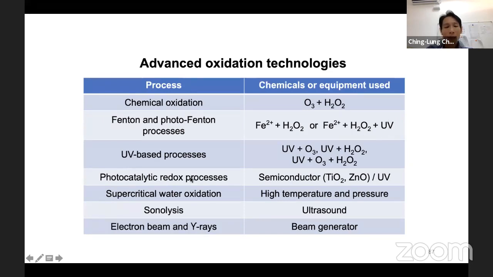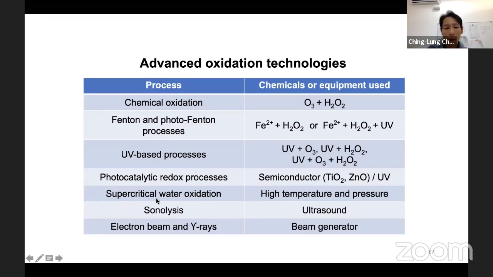And then there is another UV-based process called the photocatalytic process. This is like a semiconductor. They use TiO2, titanium dioxide, with UV to oxidize the contaminants in water.